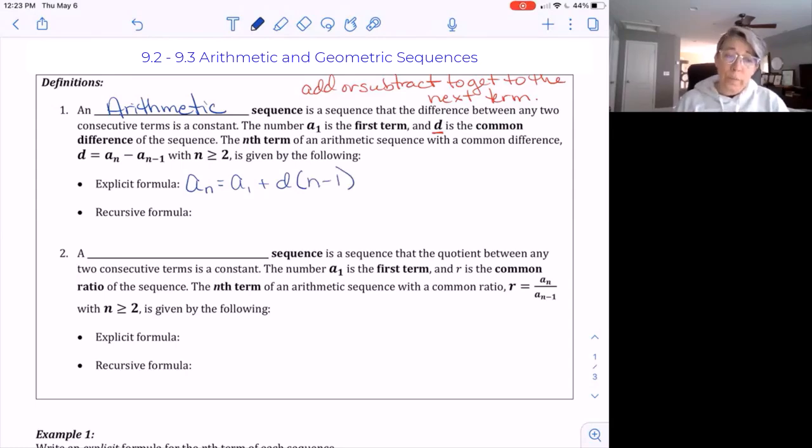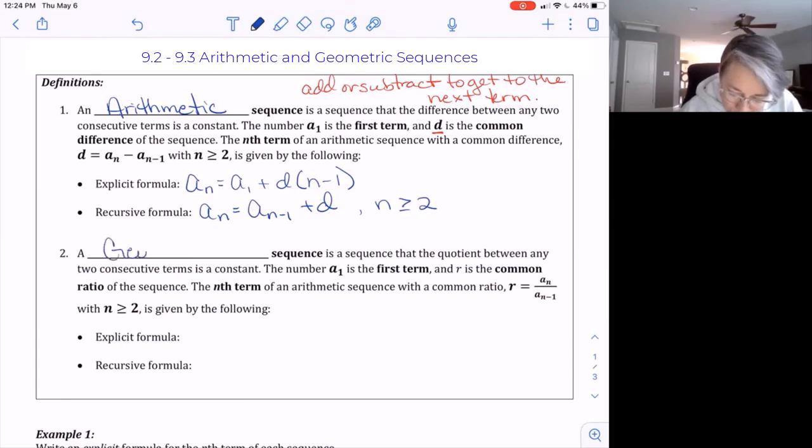The recursive formula, remember that's the one that's dependent on a previous term, is the previous term plus that difference. And again, for this one, n has to be greater than or equal to 2.